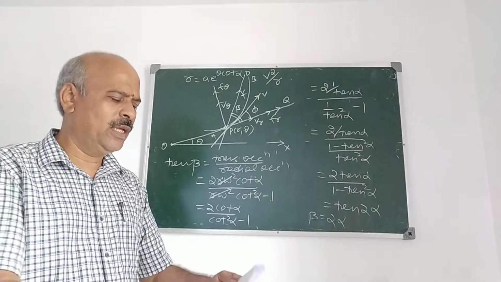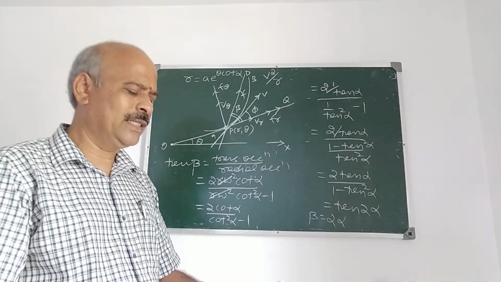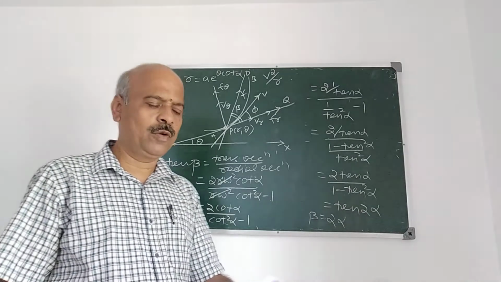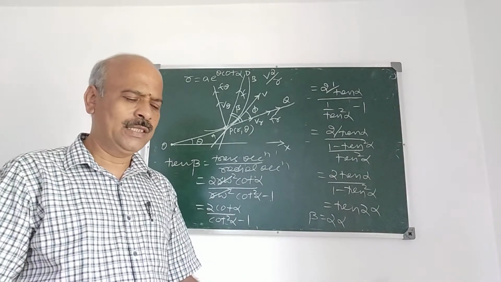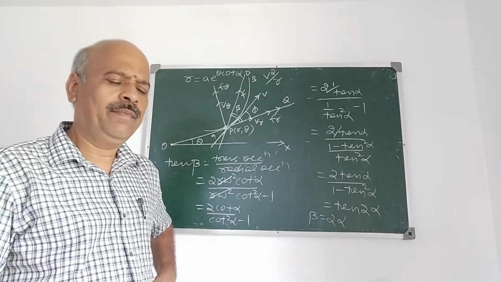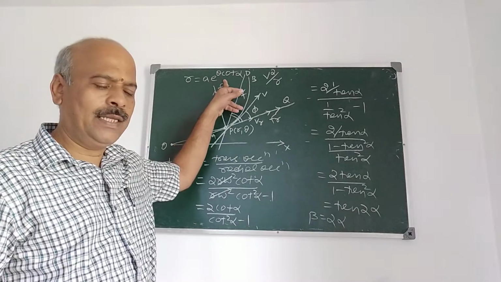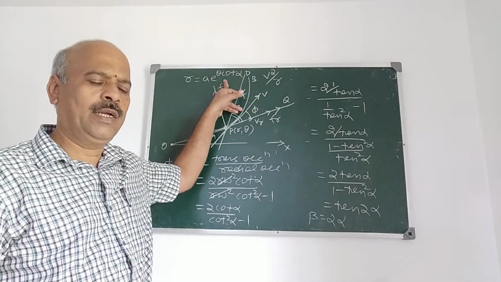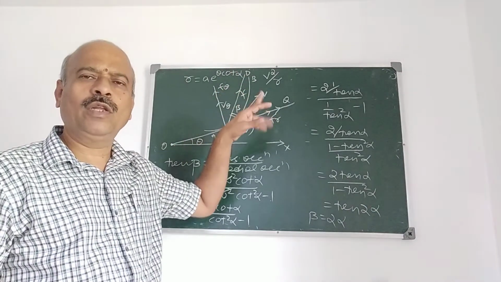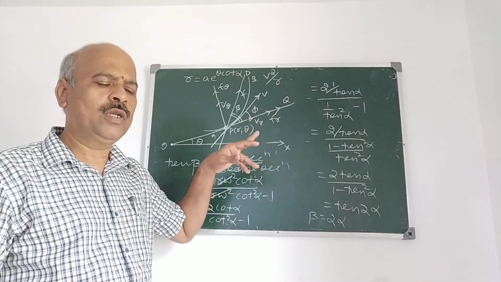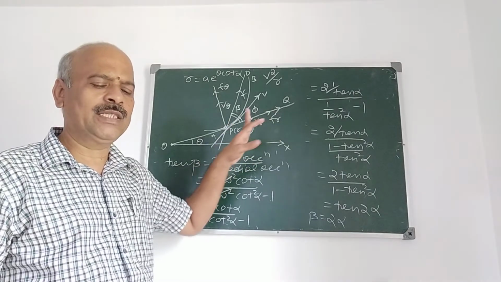Now one similar problem I give as an exercise. Exactly similar. A point P describes an equiangular spiral, r is a e raised to theta cot alpha, with constant angular velocity about the pole. Everything is same here.